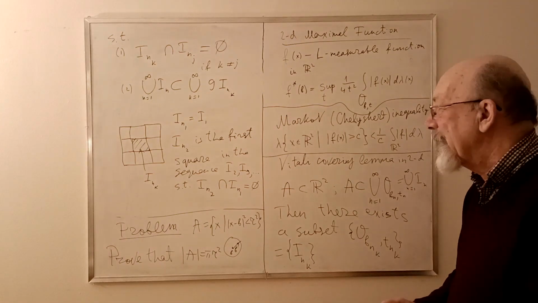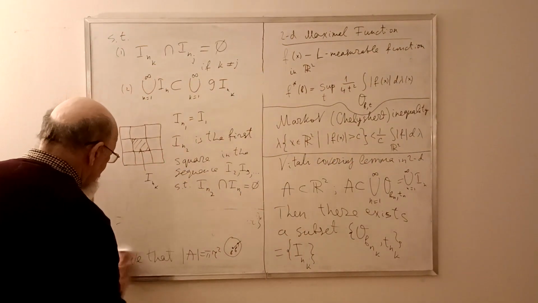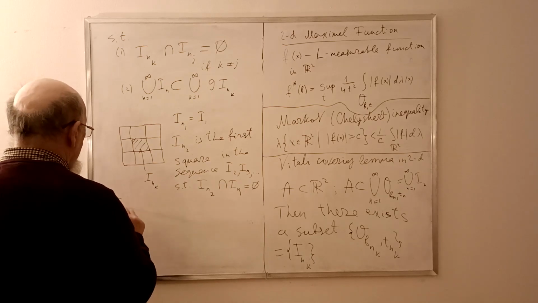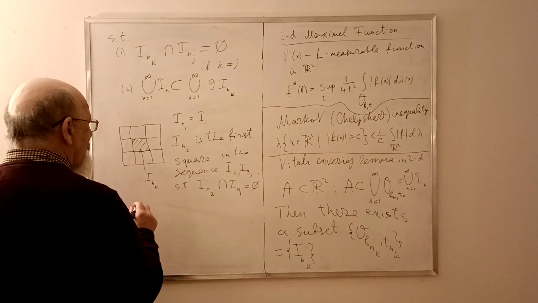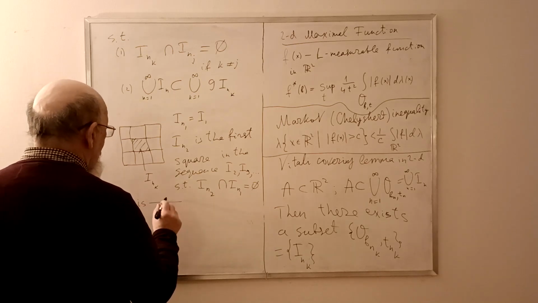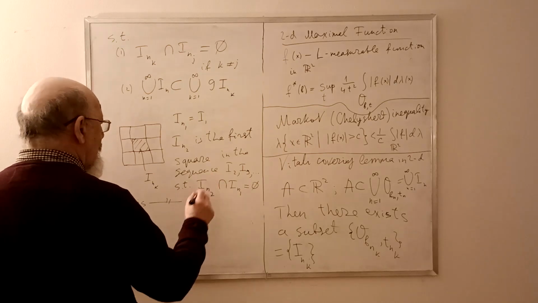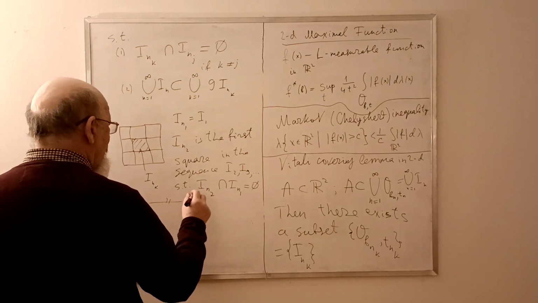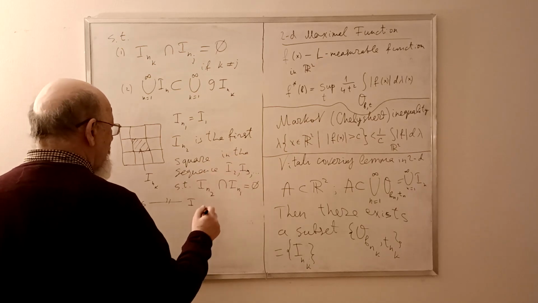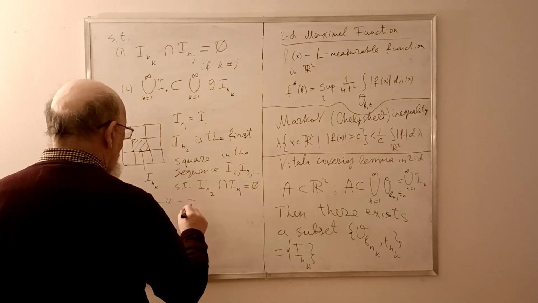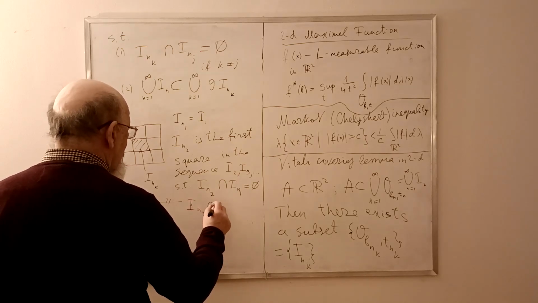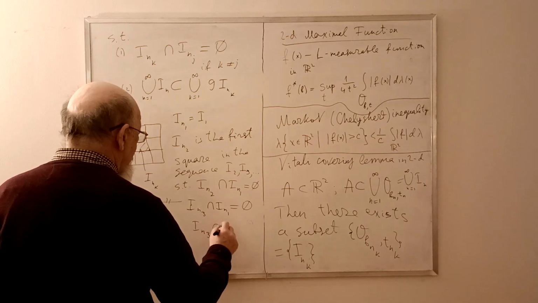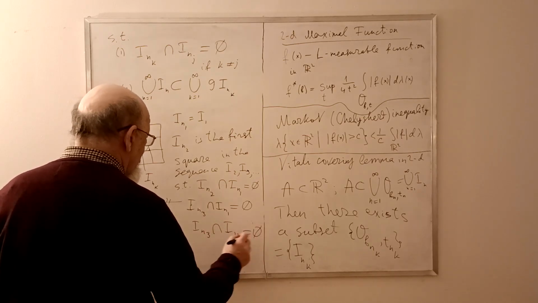But if you can find this In2, then In3 is the first square in the same sequence such that In3 has no intersection with In1 and In2, and so on.